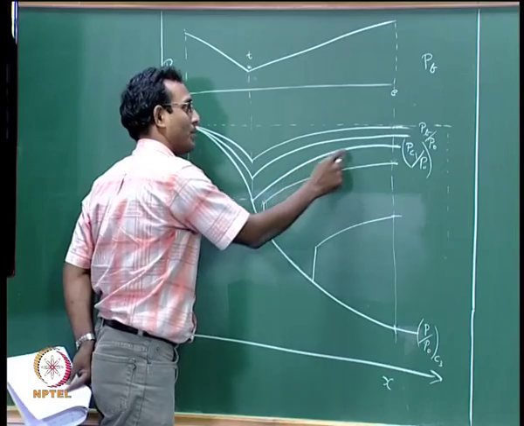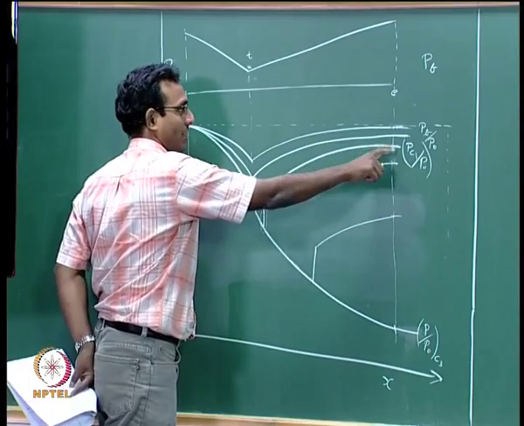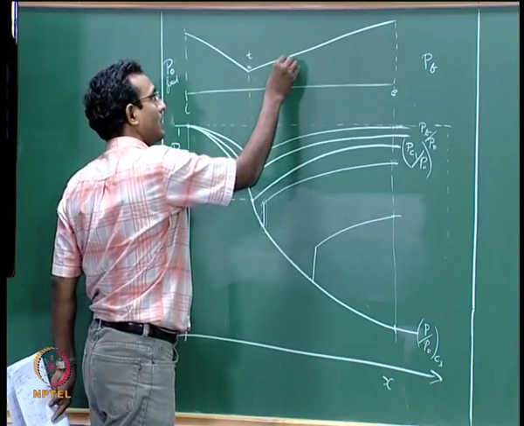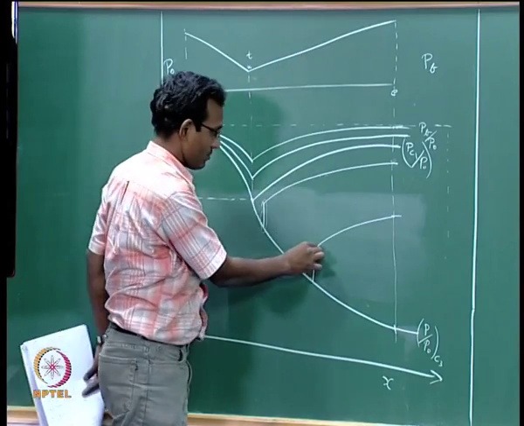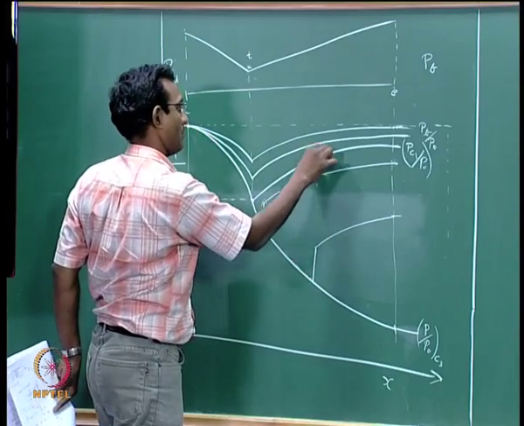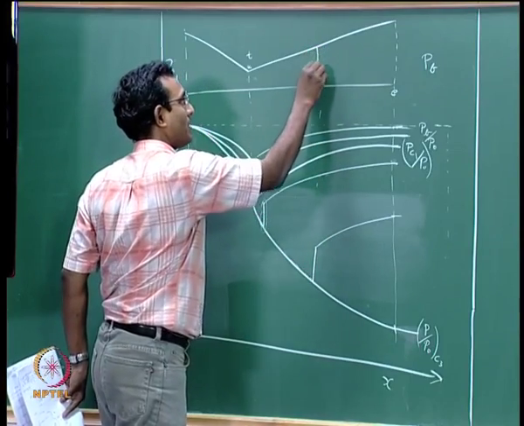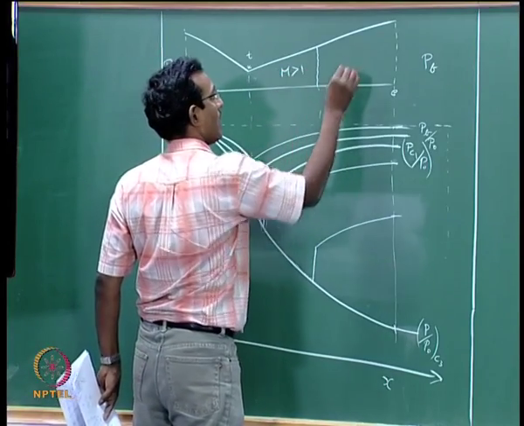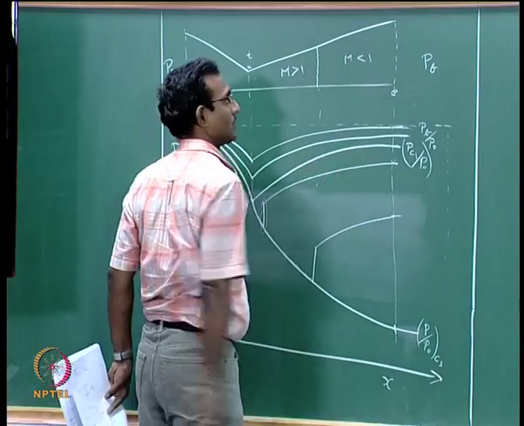It will take this particular path if it is fully subsonic, that will not reach any of these values. So it will take a supersonic path up to some particular location. Let us say we will talk about this particular curve. Somewhere here there will be a shock, till here it is M greater than 1, after that it is M less than 1.